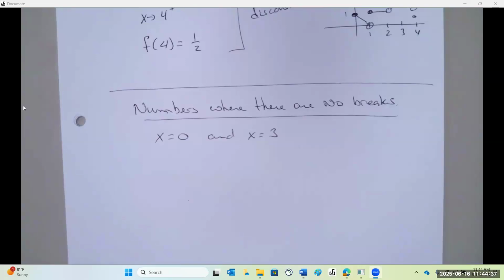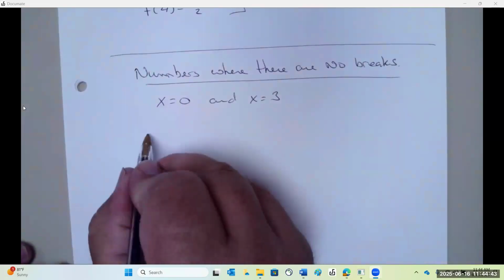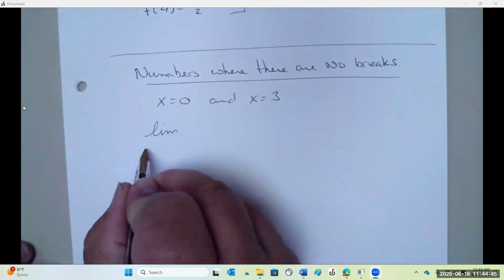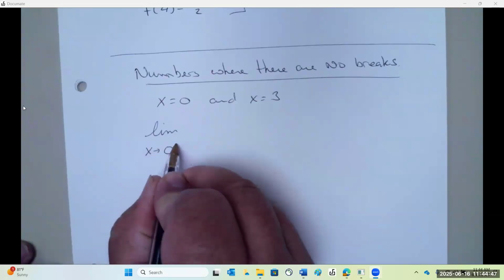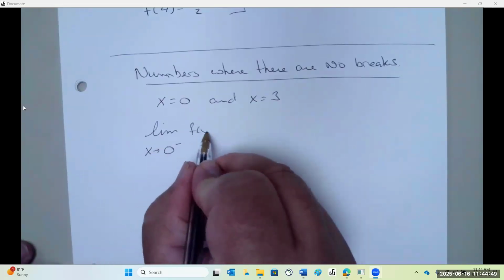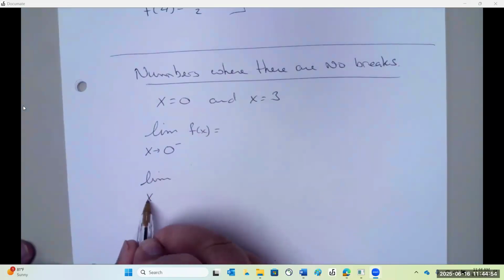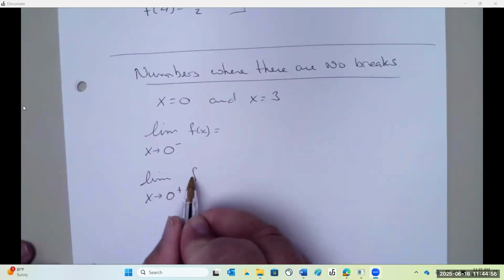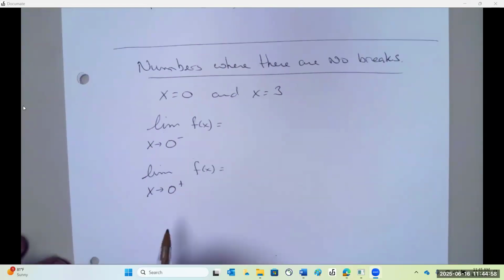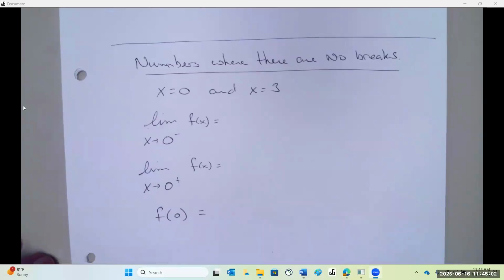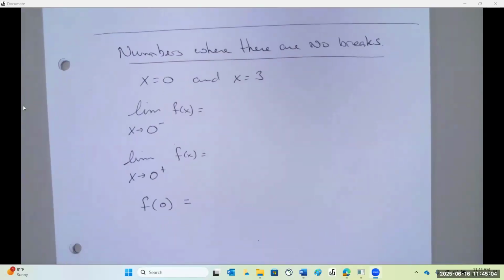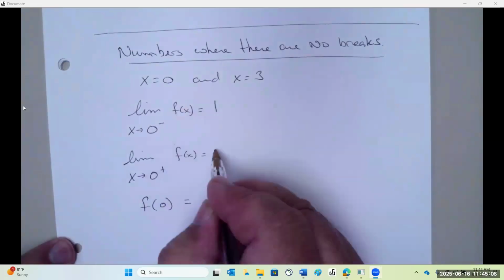Because it's neither a jump discontinuity nor a removable discontinuity at those 2 points. Because the limit as x approaches 0 from the left, the limit as x approaches 0 from the right, and the value at 0, they all equal 1.